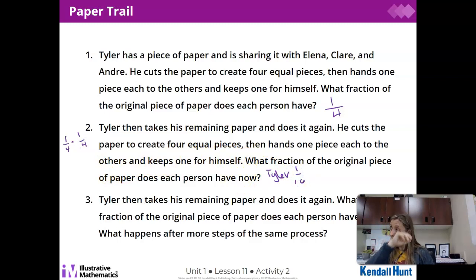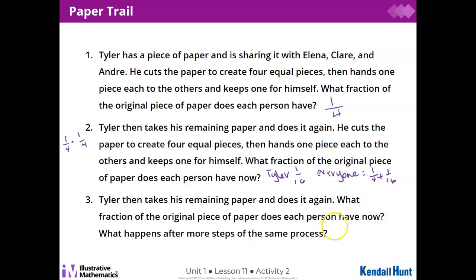But everybody else still had 1/4, so everyone has 1/4 plus 1/16. We have to create common denominators, so we get 4/16 plus 1/16, and we get 5/16 of the paper.